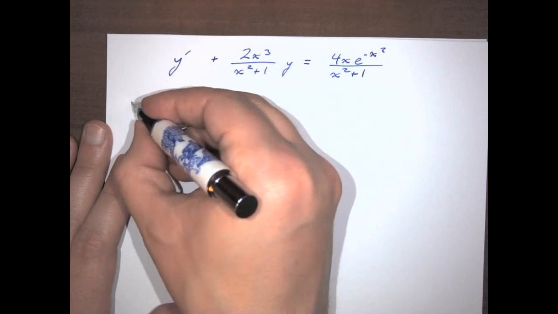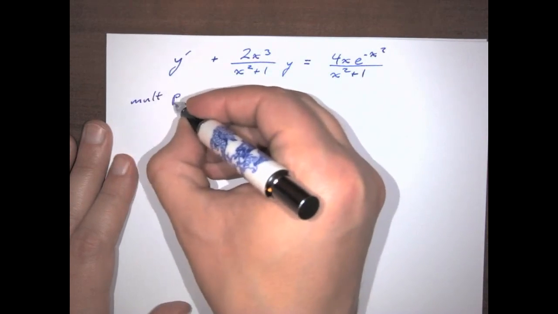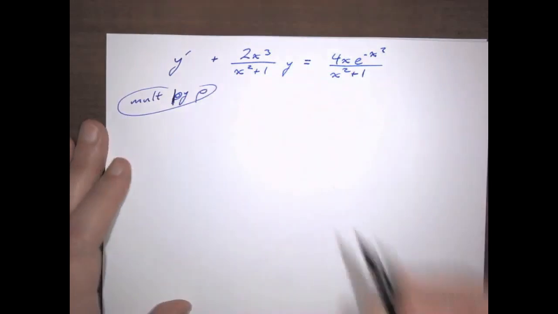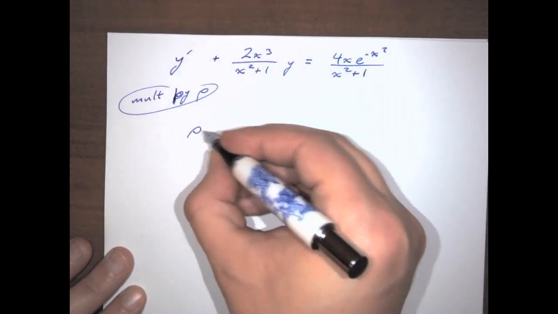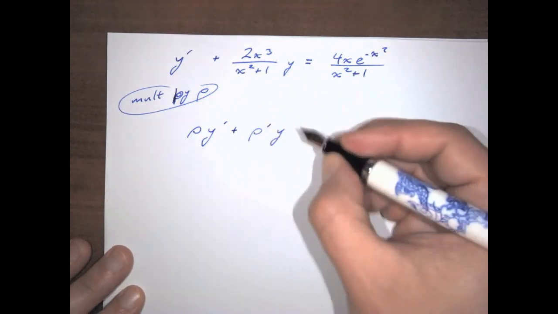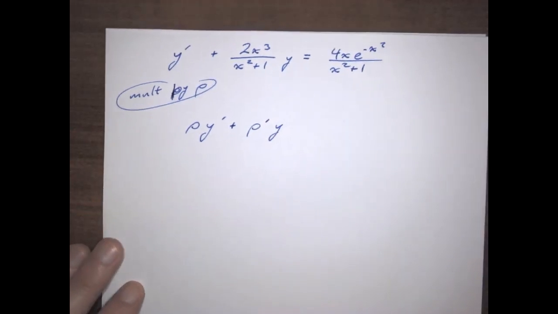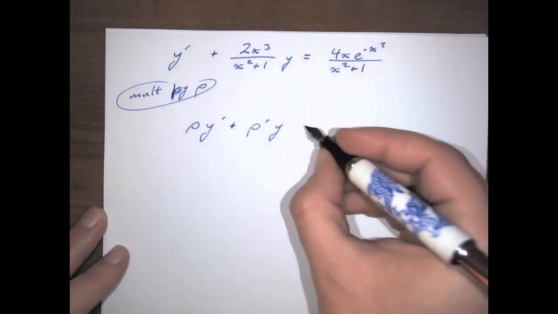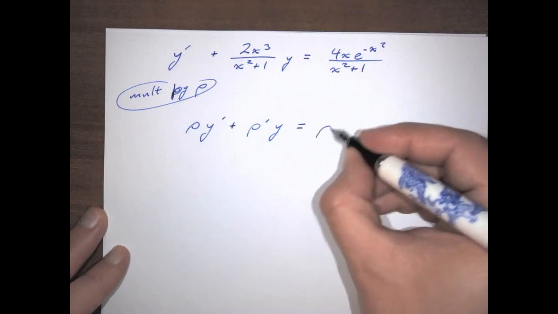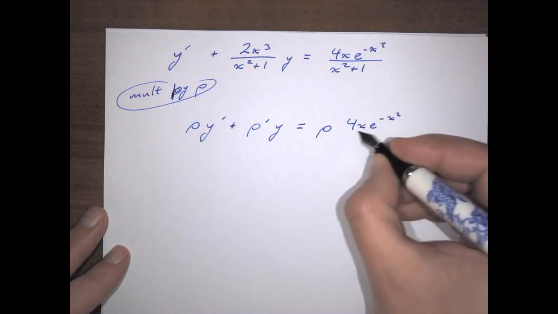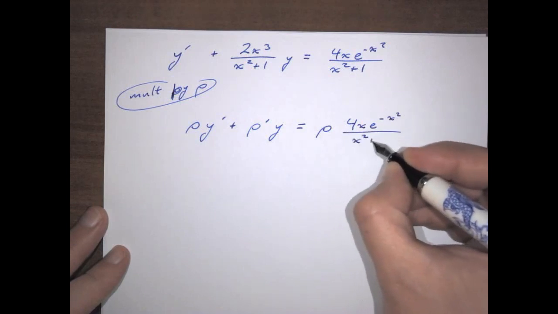And now we multiply by rho. So then we're going to have rho y prime plus rho prime y, taking a leap of faith here, hoping we did our integration properly, so that way what we have here times rho would be the same as just rho prime, and then that's equal to rho times 4x e to the negative x squared over x squared plus 1.